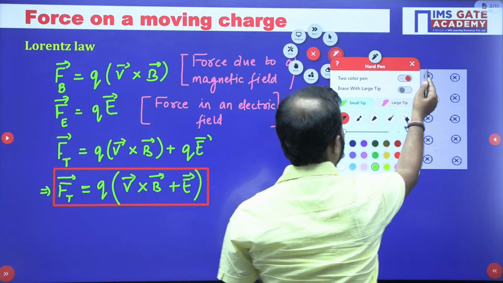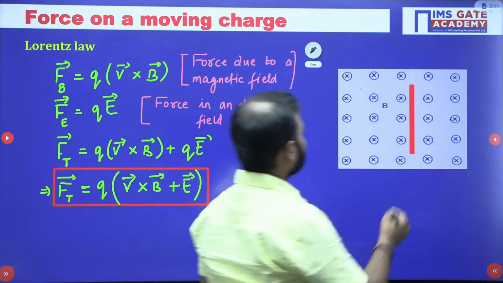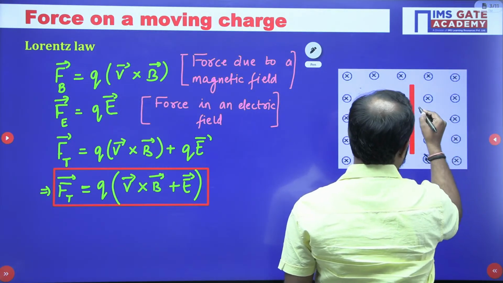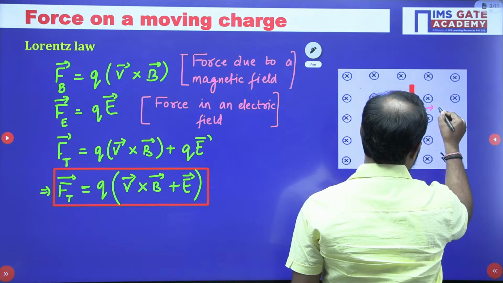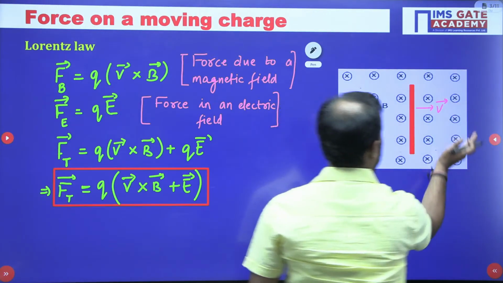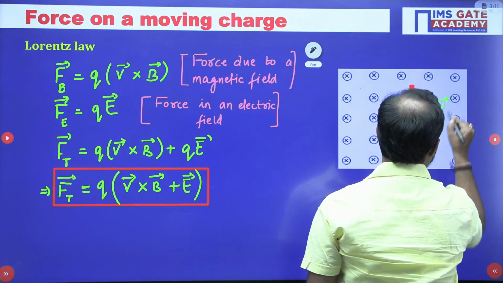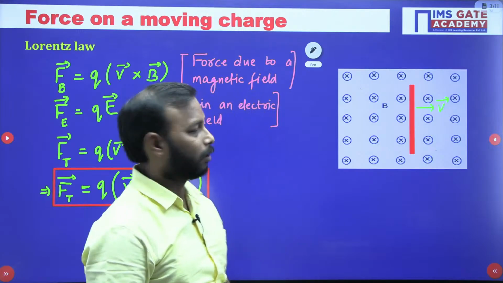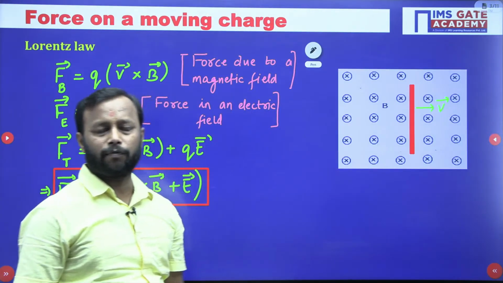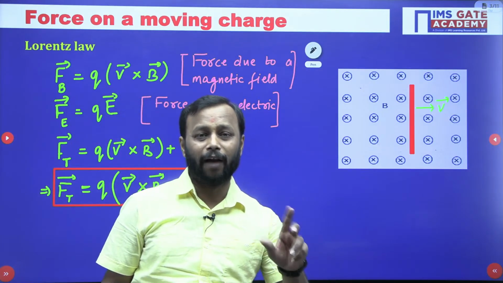Okay, suppose this is the conductor which is placed in a magnetic field, and this conductor is moving in the right direction with a velocity v. I hope this is clear. This is moving with a velocity v in the right direction. So it is going to experience a force, and that force direction is given by Fleming's left hand rule.